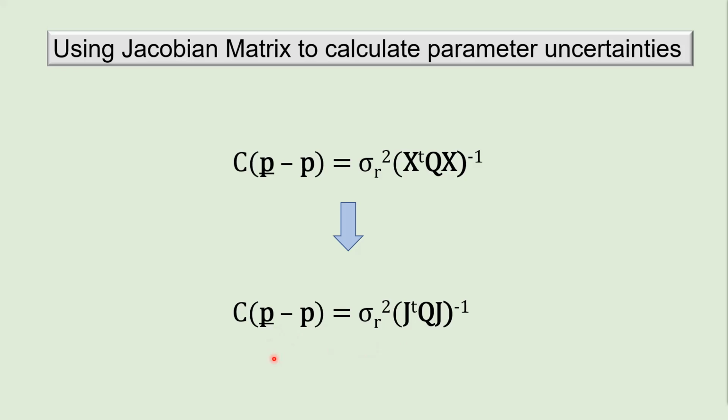But if our model is nonlinear, the definition of nonlinearity is that this Jacobian matrix is dependent on the actual values of the parameters. Therefore, the covariance matrix of parameter error, the uncertainties that we associate with the parameters, is only approximate. However, often they're not a bad approximation.